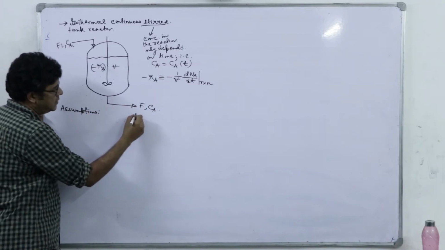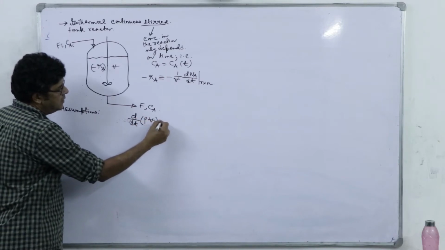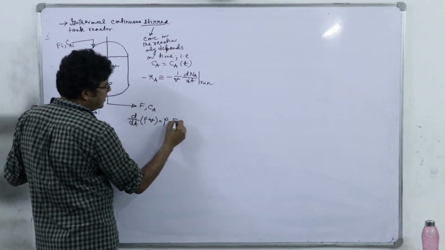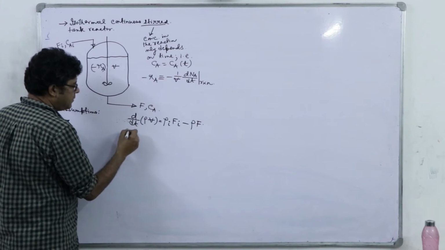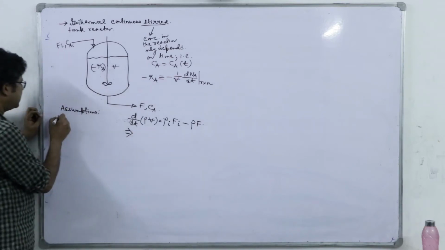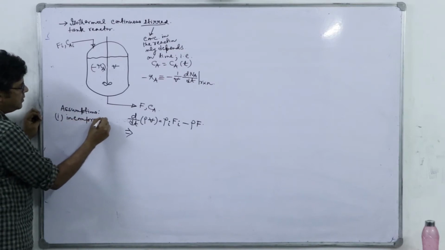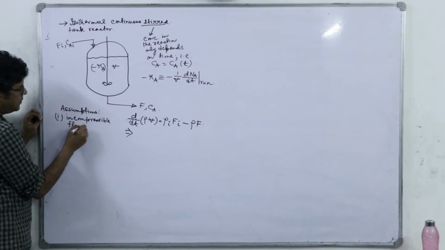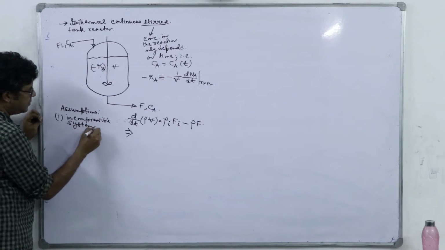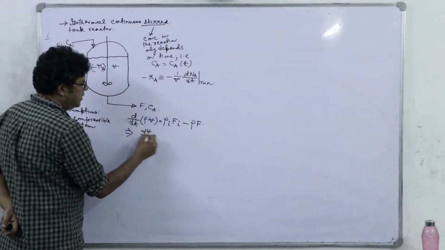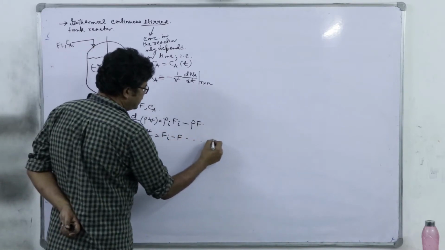First we will write that d/dt of rho into V is rho i Fi minus rho into F. So, our first assumption will be incompressible flow, or incompressible system, right. So, dV/dt equals Fi minus F. So, that is equation 1.